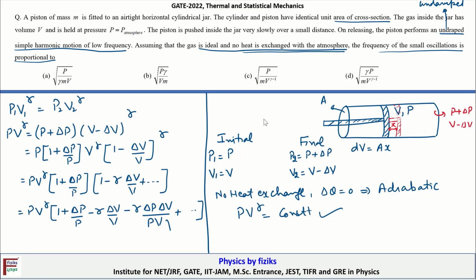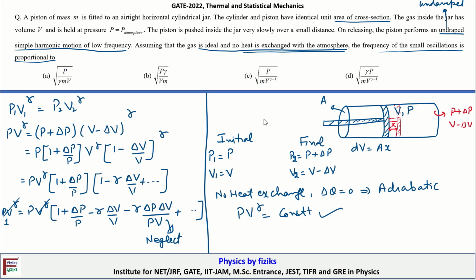We can neglect this last term because both delta P and delta V are small, so their product is even smaller. PV to the power gamma is on both sides, so it cancels, and we are left with 1 here.